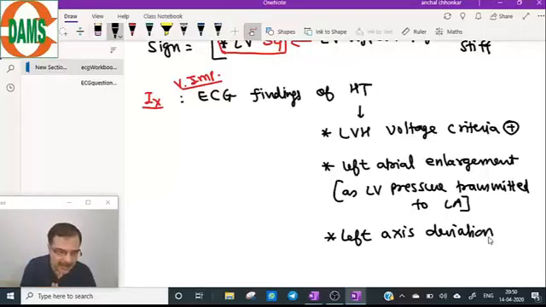And I am again telling you, most important is the clinical history. Then you make a differential diagnosis. These are your expectations in the ECG: LVH will be there, left atrial enlargement will be there, left axis deviation will be there. All these again we will discuss in the ECG questions.